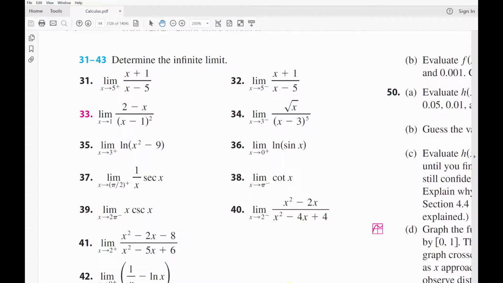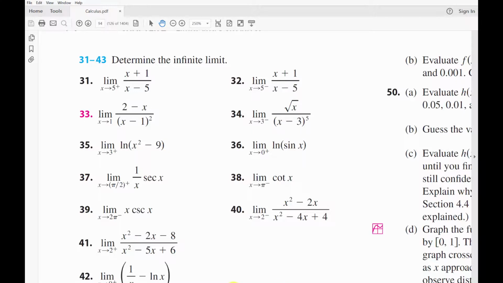And let's solve another question. Let's solve question 33, which says: limit as x approaches 1 of (2 minus x) over (x minus 1) raised to power 2.